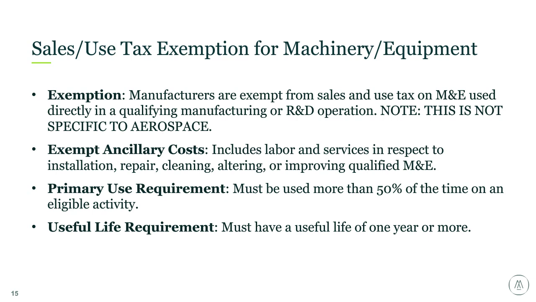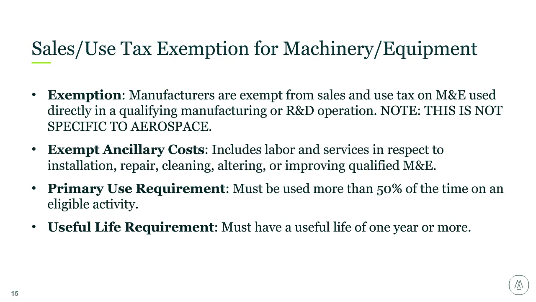And so this first one is just the general M&E exemption, and this is a very valuable incentive for all manufacturers, not just those in the aerospace industry. But essentially, you're paying between 9-10% on all your purchases in Washington because there is a sales tax.